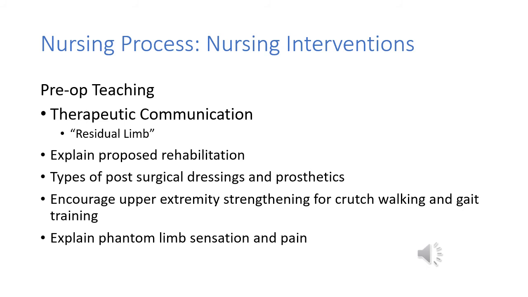You'll want to talk with them about what will happen post-op in terms of the dressings and the prosthetics that will be used, and we'll talk a little bit about that in a minute. You'll want to have them prepare a little bit and do some upper extremity strengthening, because they may need to walk with crutches, they may need to wheel a wheelchair, they may need to transfer on a slide board, and those things will require some greater upper extremity use than probably what they were doing beforehand.